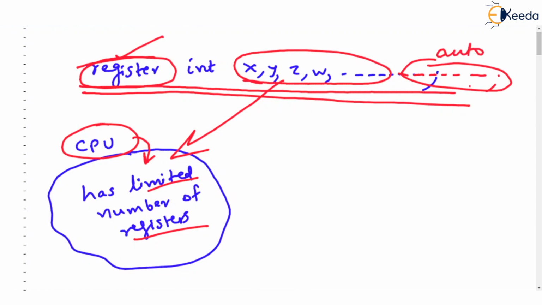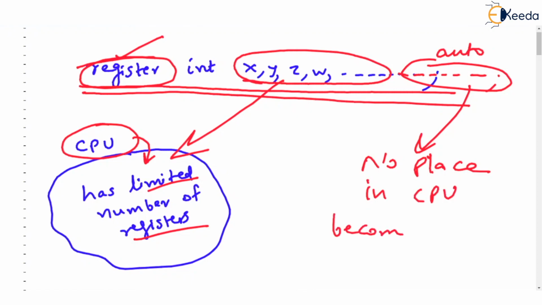Such variables, which do not get any place in CPU, become auto variables. So such variables are stored in the memory.